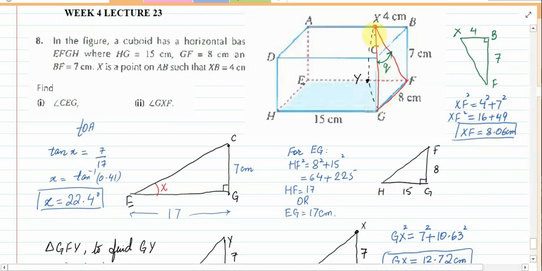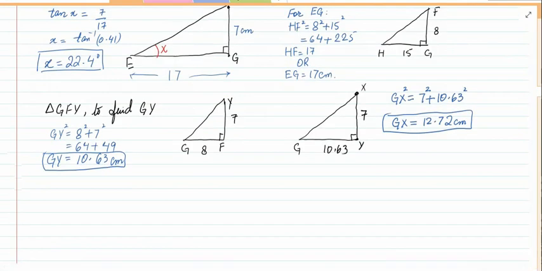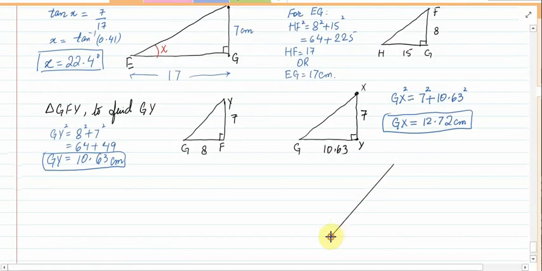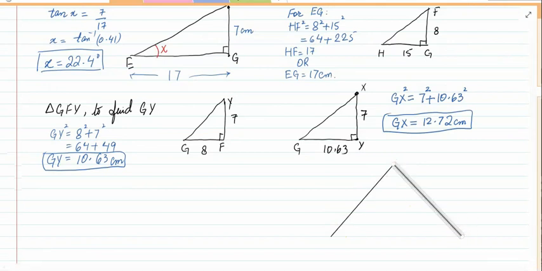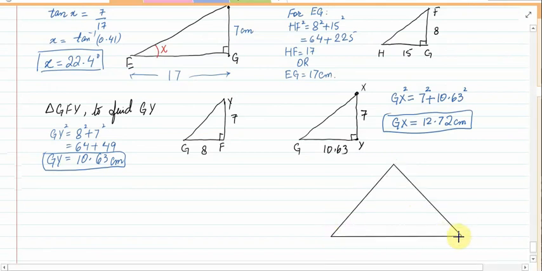Now I have all the values, and the last thing that I'm going to do is draw the triangle GXF separately. Now look carefully. We have a triangle GXF. This point is G, the upper one is X, and this point is F. The value of GX is 12.72.